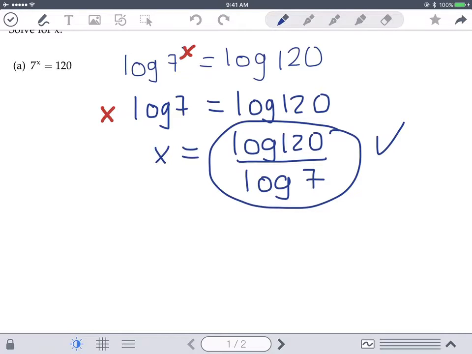As I said in class a couple of times, if your calculator has parentheses, you can do stuff like this in one step. If your calculator does not, then you're going to have to calculate first the log of 120, copy it down, find the log of 7, copy it down, and then you lose a couple of decimals. So I'm going to go to the calculator that I have right here.